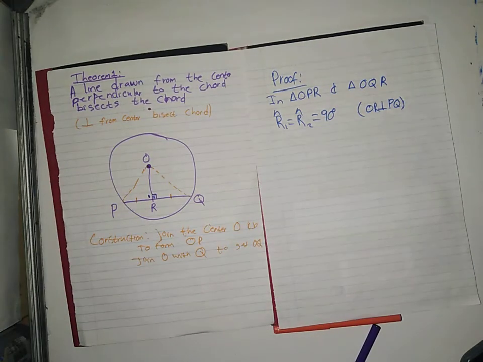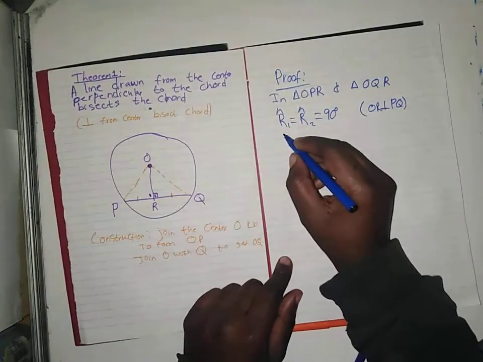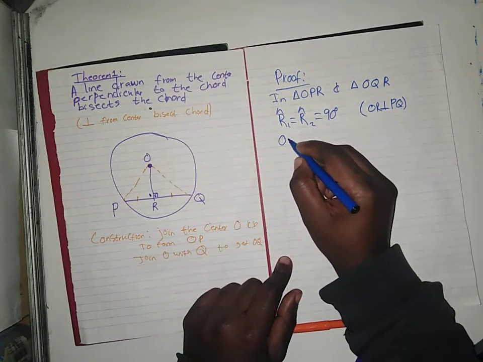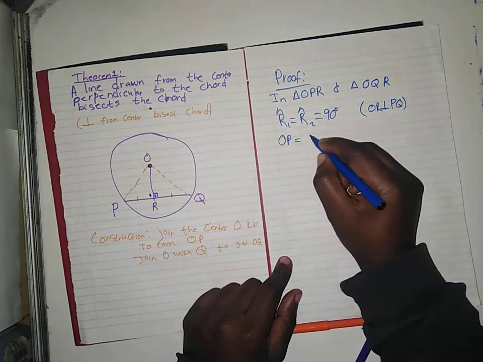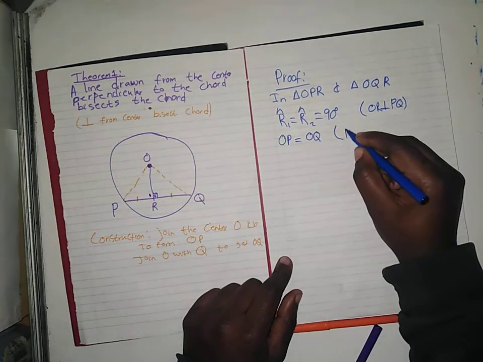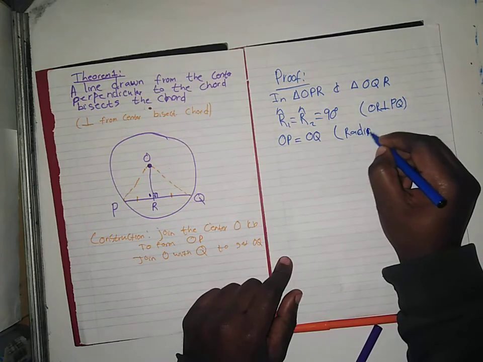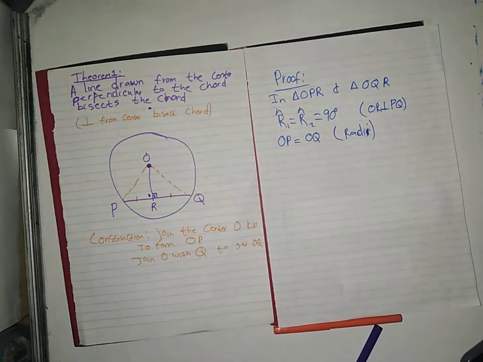Okay, so they are both radius. So because they are both radius, then it means they are equal. So OP is equal to OQ. What is the reason? It's radii. Which means in simple English, they are both radiuses. Okay, wonderful.